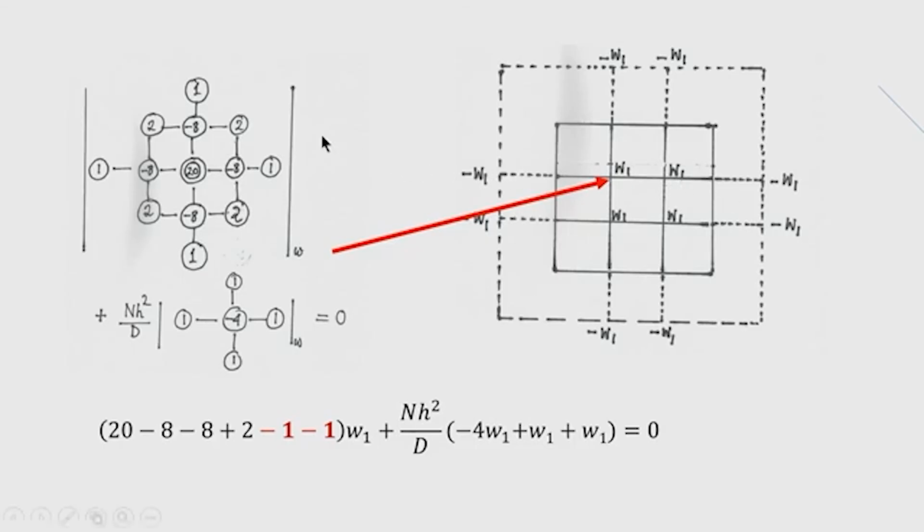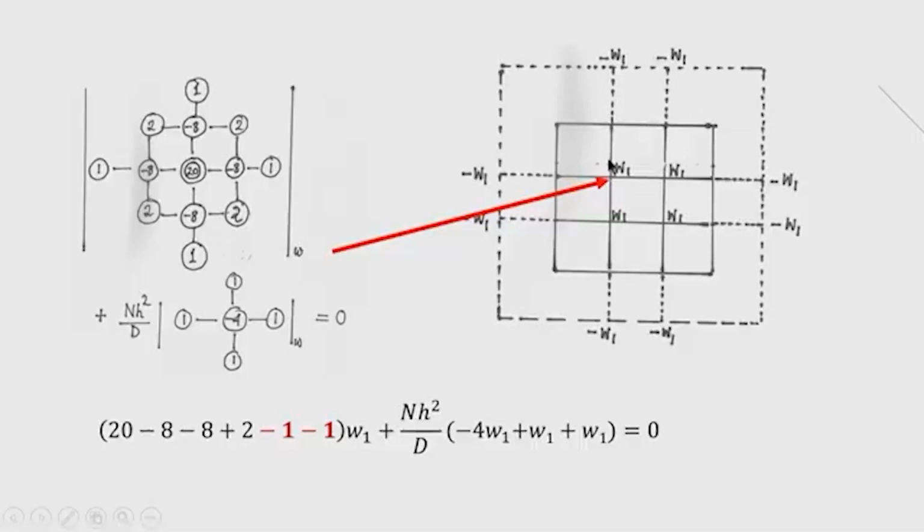On the other hand, this circle 2 is falling here, so this value is taken 2. Now, with red color 2 numbers are written -1 -1, that is just to indicate these are the nodes that are outside the plate domain, but the deflection of that imaginary point is now written in terms of deflection of the actual point, image point, by using the boundary condition, that is the bending moment condition to be 0 at the simply supported edges.